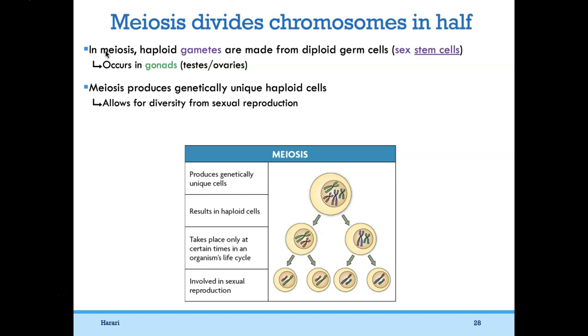If you have a lot of diverse sperm and a lot of diverse eggs, you can have a lot of diverse zygotes. And unlike mitosis, meiosis can only be completed after puberty. Whereas we do mitosis from the day we're conceived to the day we die, meiosis is only done after puberty. And in females, meiosis stops during menopause.